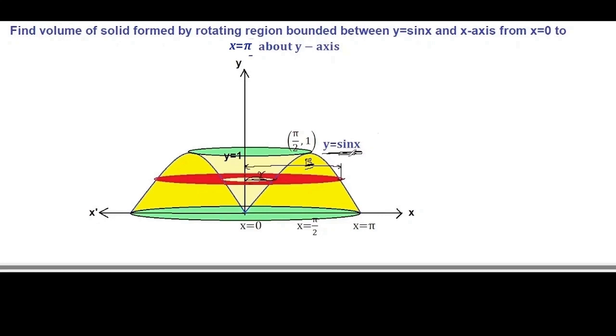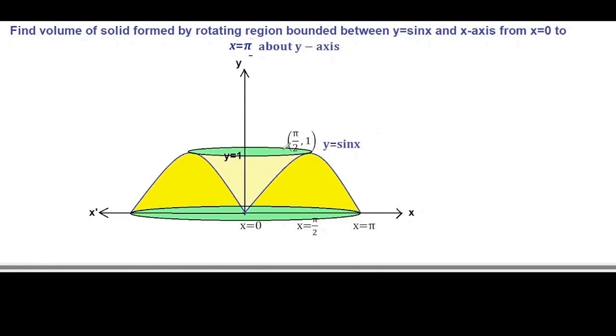So that's why we're going to use the cylindrical or shell method to find the volume of the solid. As the disc method is not applicable here, we're going to use the cylindrical or shell method.